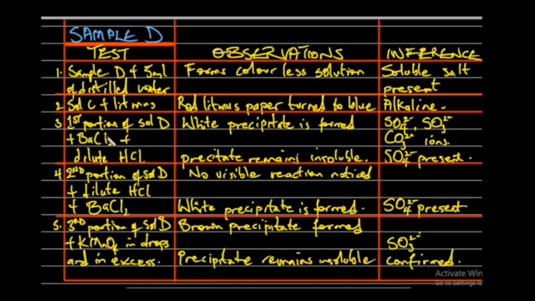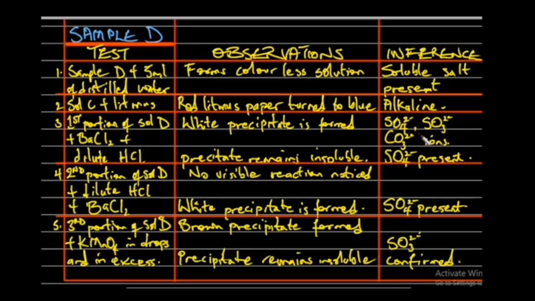And then we reacted solution D with barium chloride. We had the formation of white precipitate, and when we added dilute HCl to it, the white precipitate remained insoluble.